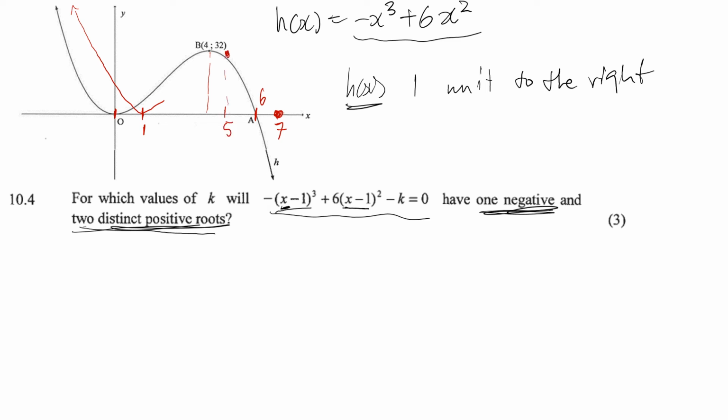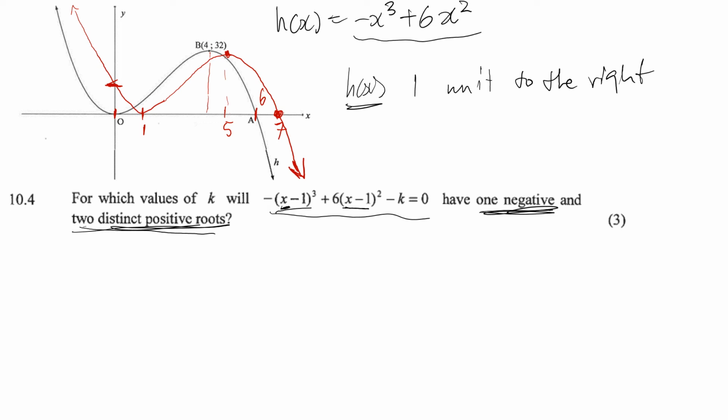But 32 will still be 32 because they only shifted x, they didn't shift it vertically, but rather horizontally. So that is our new graph. You can see that our new graph now has a new x-intercept, and obviously it has a y-intercept that is quite different from the initial one.